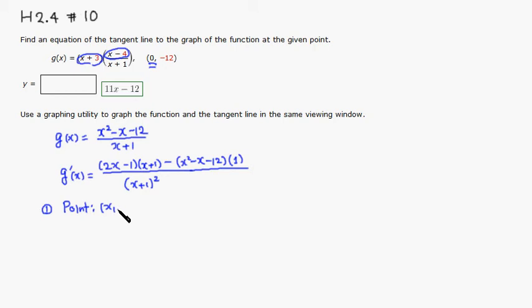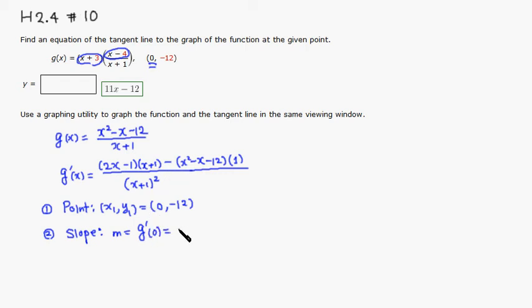The point x1 comma y1 is given, so 0 comma negative 12. The second piece of information we would like to get is the slope, which can be found by taking a derivative. Oops, sorry, the function is g, so it's g prime of 0.